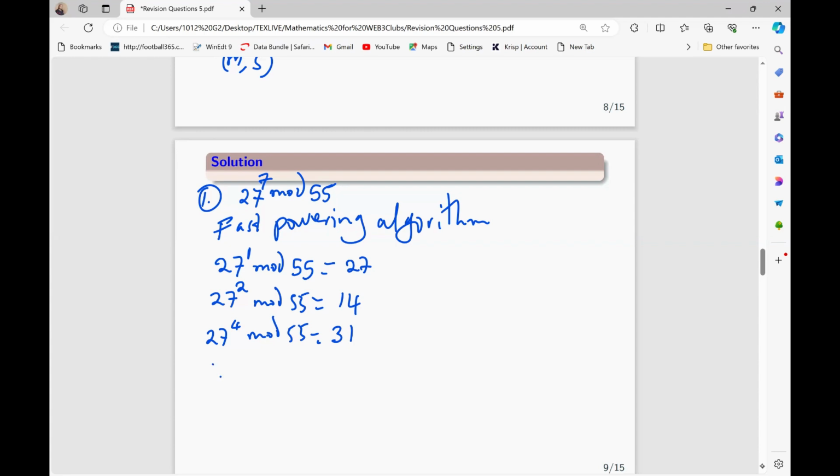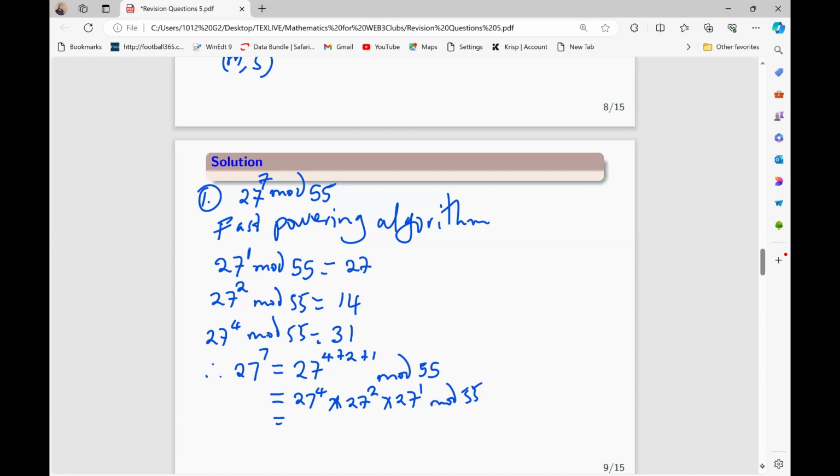So what is 27 raised to 7? This will be the same as 27 raised to 4 plus 2 plus 1, mod 55. That is 27 raised to 4, times 27 raised to 2, times 27 raised to 1, again mod 55.